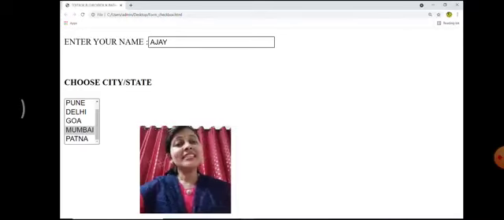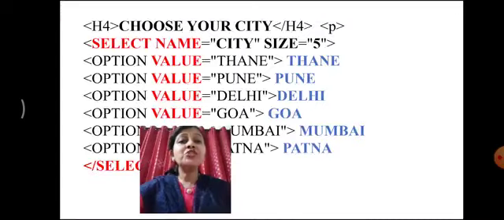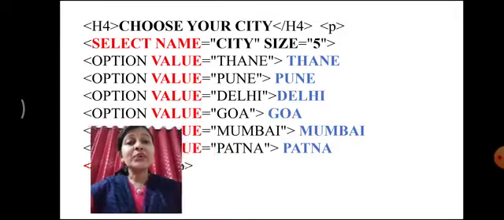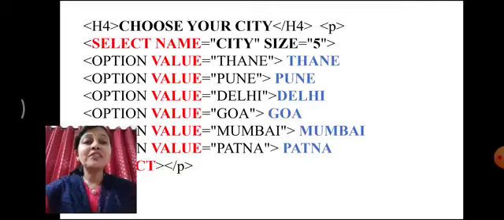Is it clear? By default, if you want any option to be selected, here you can write option. After Patna, you can write selected. If you want a city to be selected by default, you use the attribute selected.